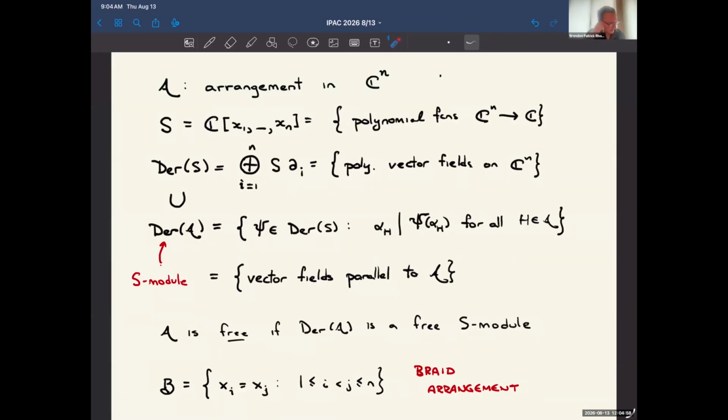So let's recall some ideas from Andy's talks. A is going to be a linear finite arrangement of hyperplanes in C^n.